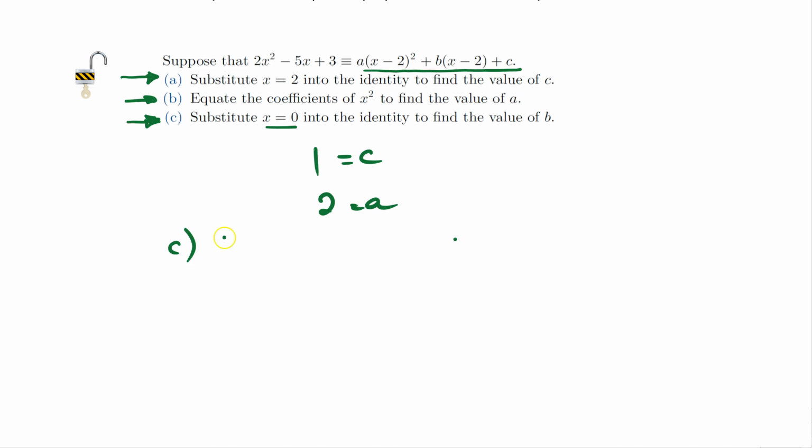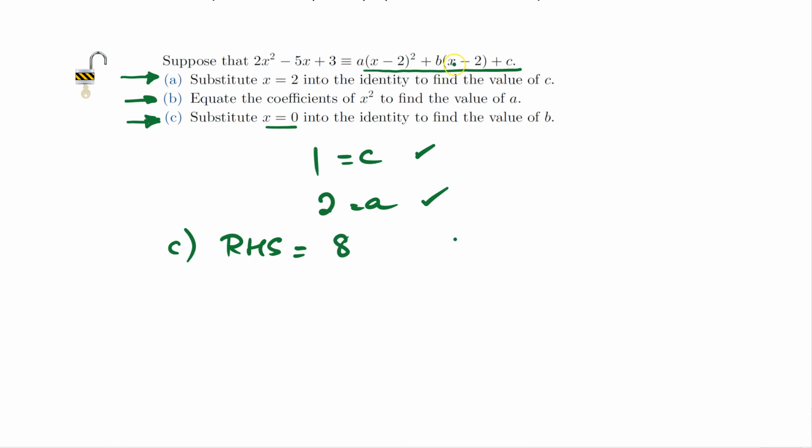So in part C, knowing that c is 1 and that a is 2, on the right hand side, if I put x equals 0, that will give me minus 2 squared, which is plus 4, multiplied by a, which is 2, so that becomes 8.